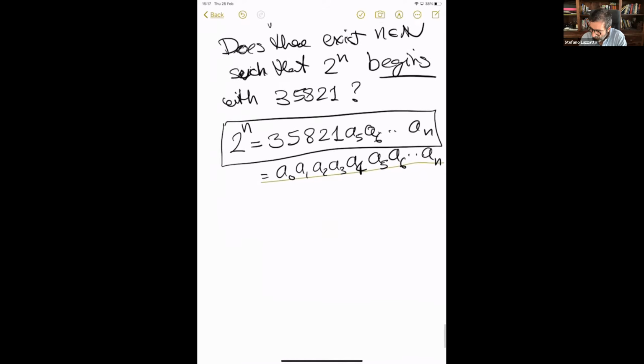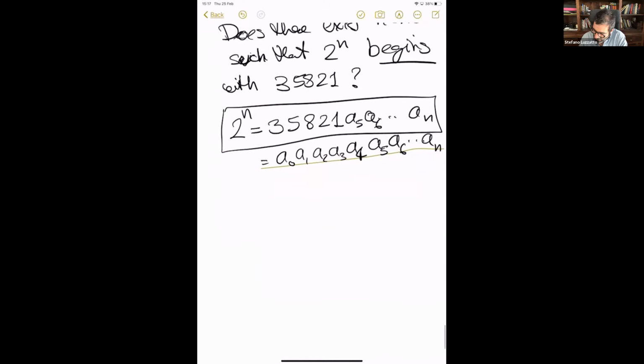So let me actually state the result properly that we're going to prove. Proposition. Let k be an integer, k bigger than 2, and k not a power of 10.